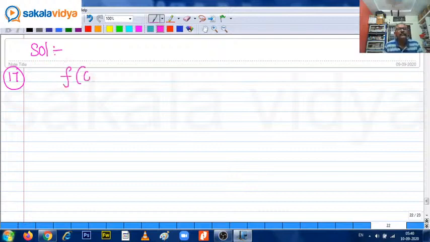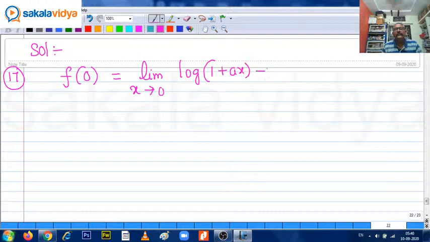f of 0 equals limit x tends to 0, log of 1 plus ax minus log of 1 minus bx upon x.